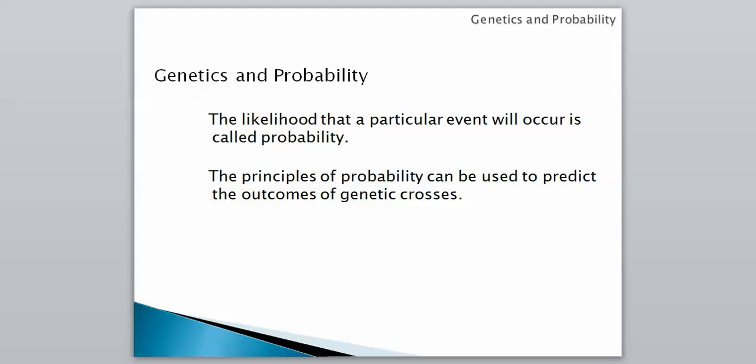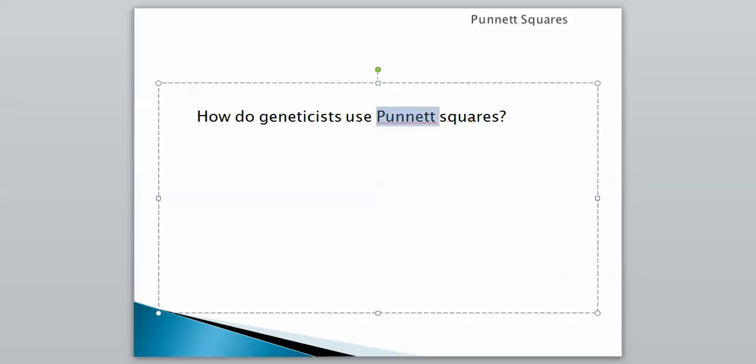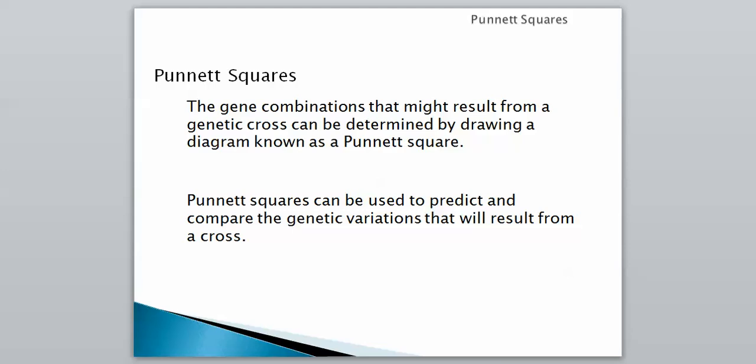And a tool that we use to look at the probability of how things are happening is called the Punnett square. So that's going to be important to know for this section, and this whole chapter is called Punnett squares. What Punnett squares are is a tool that uses the gene combinations that might result from a genetic cross, and they can be determined by drawing a diagram known as a Punnett square.